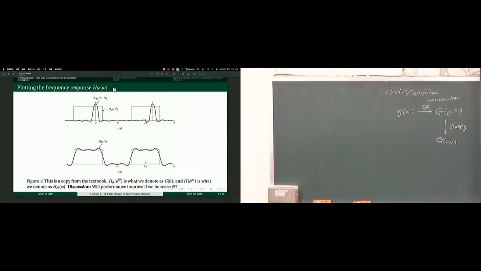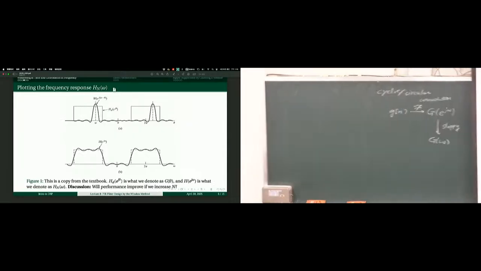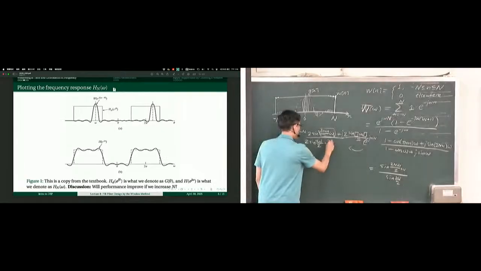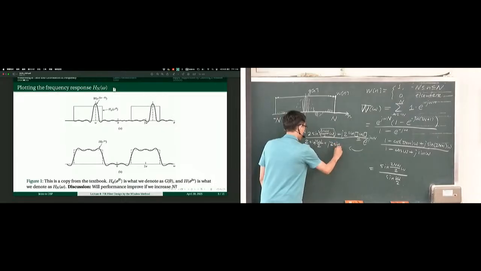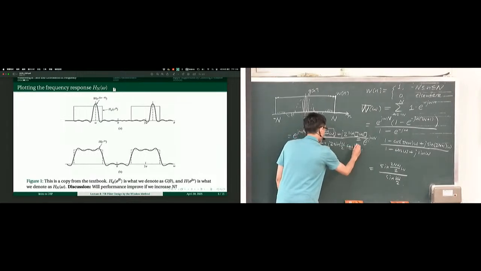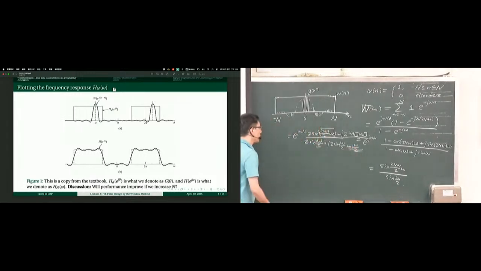2 sine squared of omega divided by 2, and plus j 2 sine of this angle omega divided by 2 cosine omega divided by 2, right?